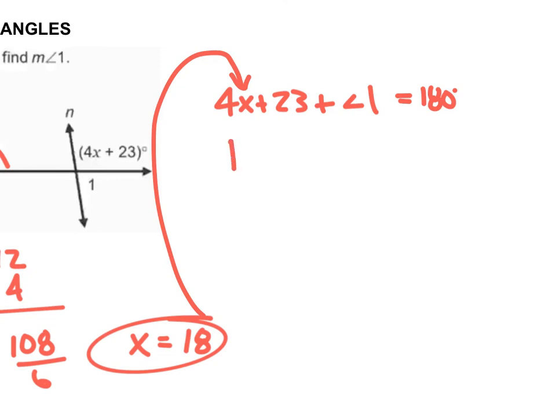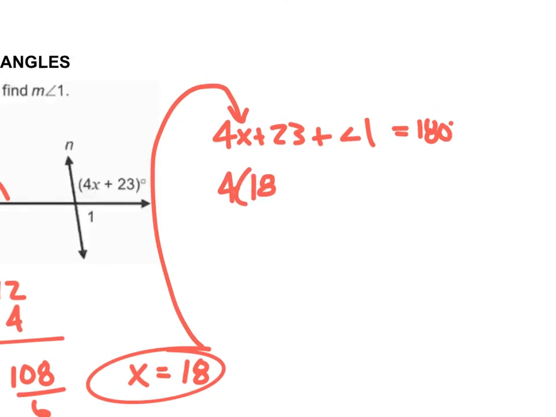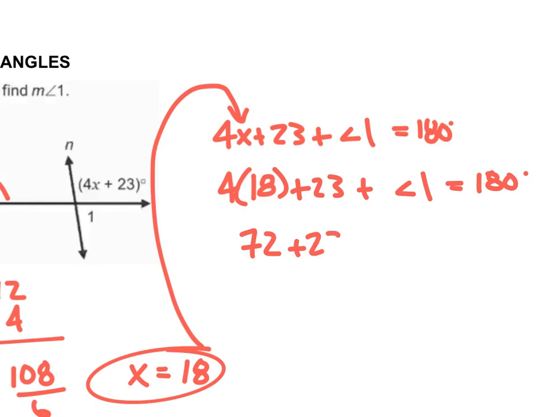So if I do 4 times 18 plus 23 plus angle 1, that's going to give me a total of 180 degrees. So let's do 4 times 18 first, and that's going to give me 72, plus 23 plus angle 1 is going to equal 180 degrees.